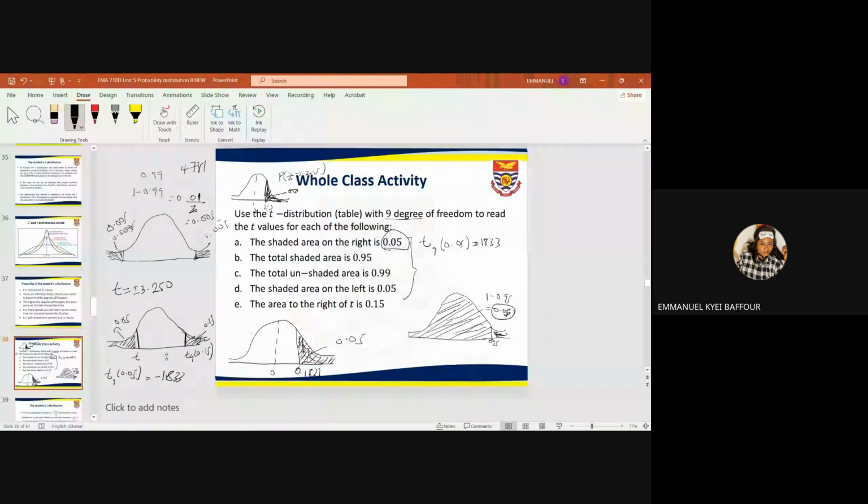What are we getting for that? On the table, we don't have 0.15.